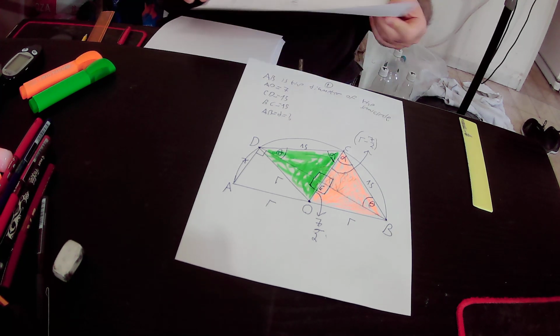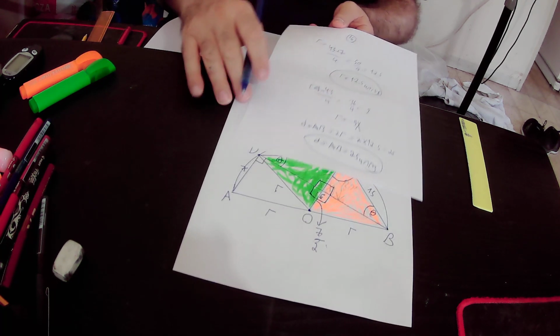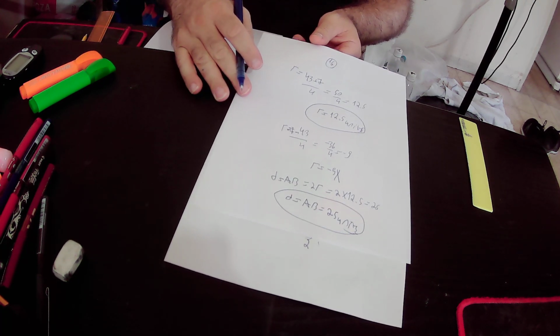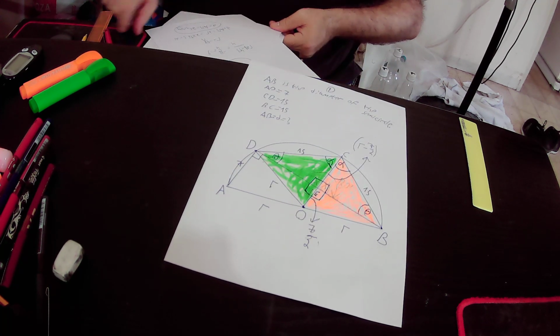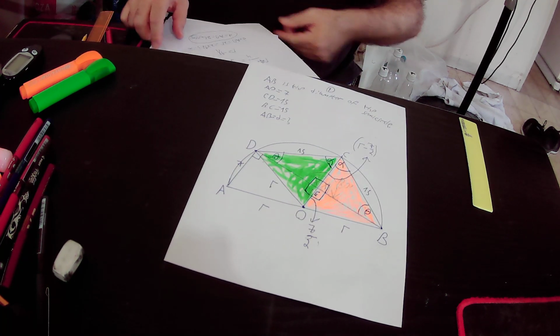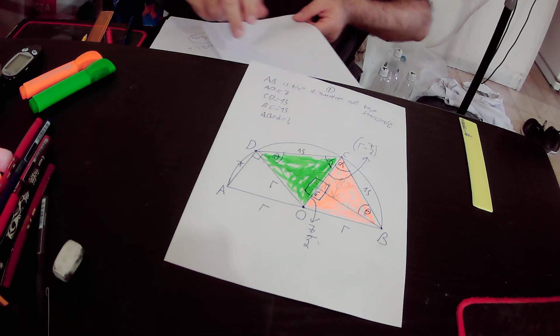Okay, we found that the diameter of this semicircle equals 25 units. Now I'll summarize the lecture. We wanted to find the diameter of this semicircle.